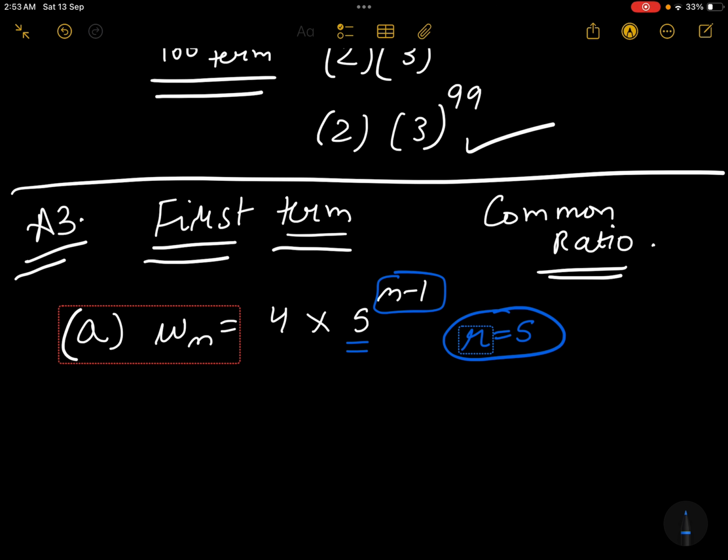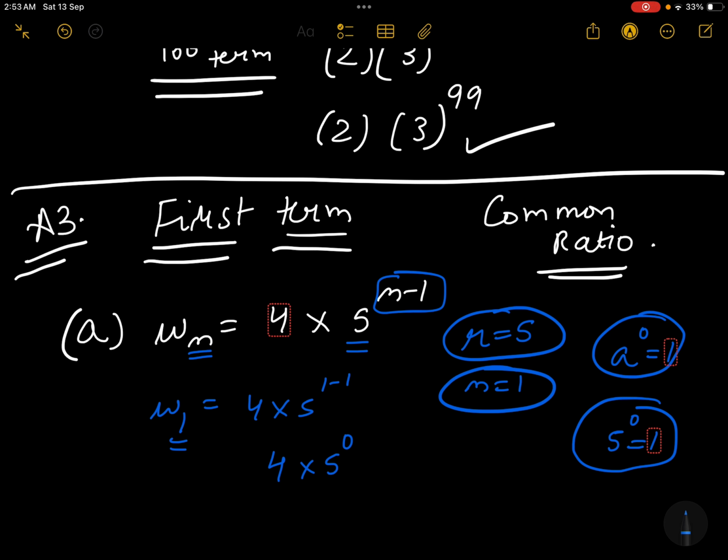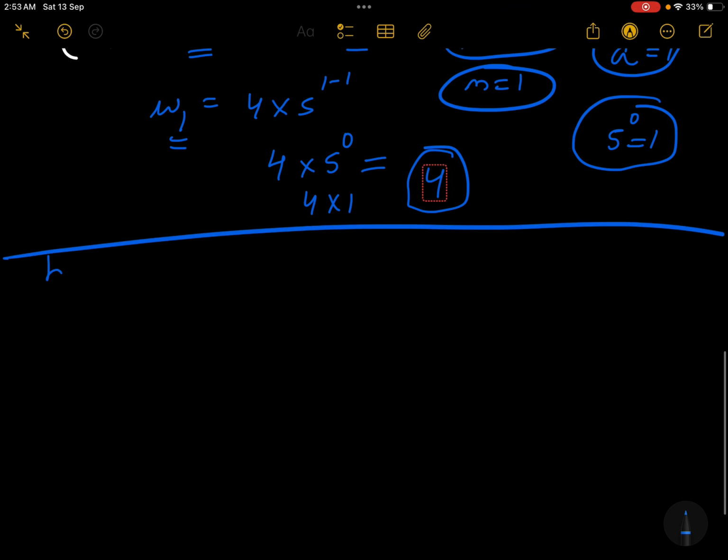To find the first term, just put n as 1. U1 is 4 into 5 to the power 1 minus 1, which is 4 into 5 to the power 0. Anything raised to the power 0 is always 1, a law you have already studied. So 4 into 1 is 4. Simple, right?